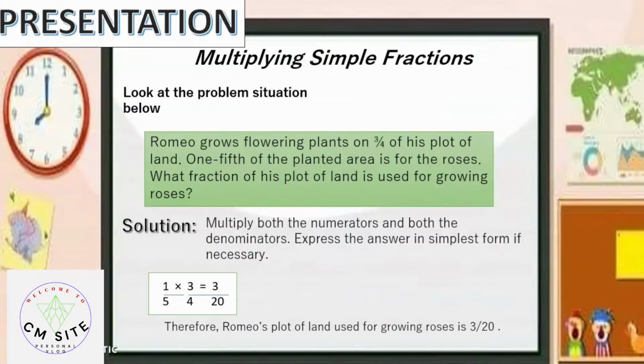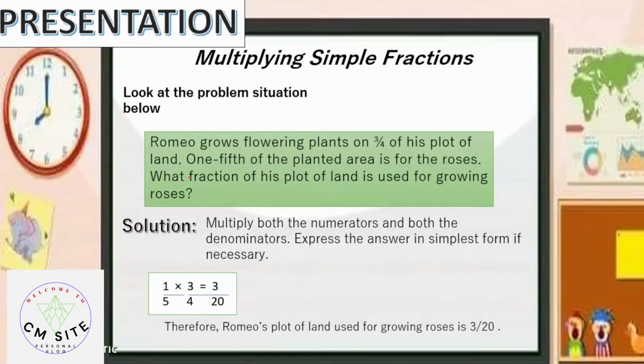Next, multiplying simple fractions. So how to multiply simple fractions? So we have here a problem. Romeo grows flowering plants on 3/4 of his plot of land. 1/5 of the planted area is for the roses. What fraction of his plot of land is used for growing roses?